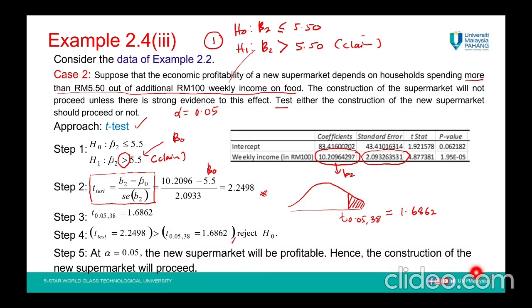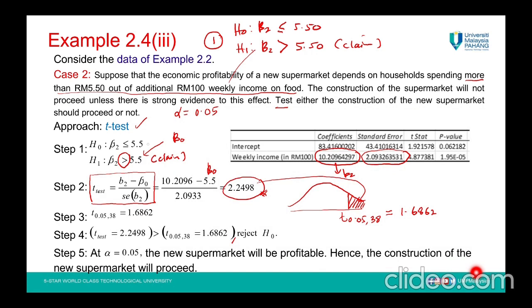To support this decision graphically, we can see that the value of t-test lies in the rejection region. So this means that the decision is reject H0. So we complete step 4.